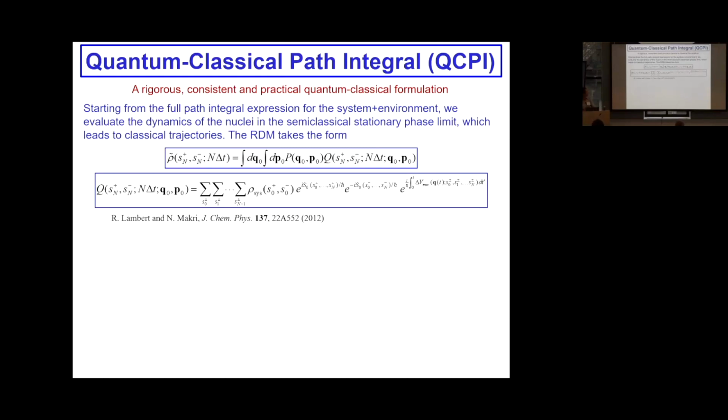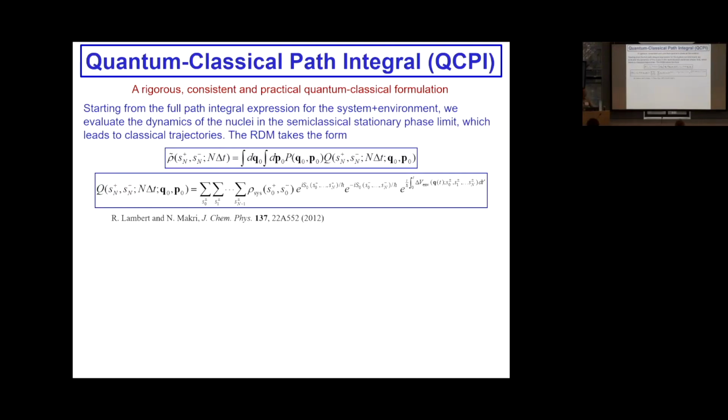And the reduced density matrix looks like this. It is now a phase-space integral over coordinates Q0, P0 of the degrees of freedom we designate as environment. There is a phase-space density here that we sample trajectories from. Trajectories are propagated to time t, to qt, pt, and all the dynamics is in this function Q, which we call the quantum influence function, in analogy with the influence functional.